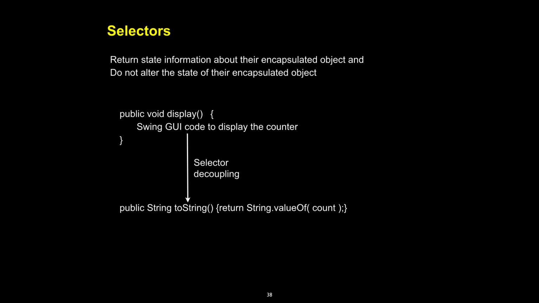In your case, it was standard out. But if you instead return, for example, a string, now we've decoupled our priority queue from that particular output device. And now I can take that string, I can put it to standard out, I can put it to a file, I can display it on the GUI, right?